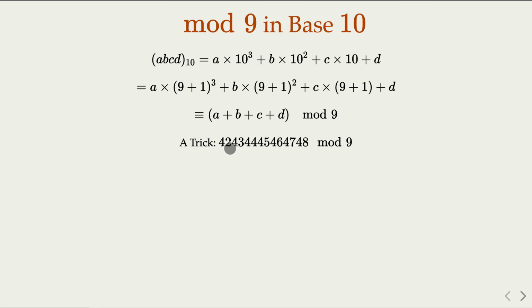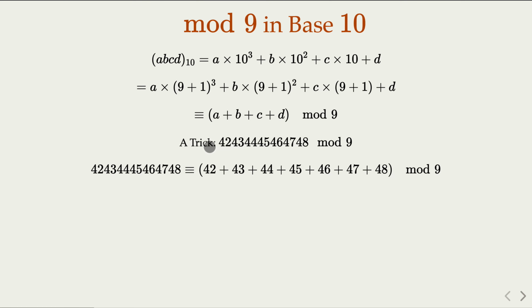So in other words, this is 42 times 10 to some power plus 43 times 10 to some power, plus 44. So you don't have to add individual digits. You can just simply add the numbers here. You consider mod 9. However, notice that 45 is a multiple of 9. This is minus 1, this is plus 1. So the pair would cancel, right?